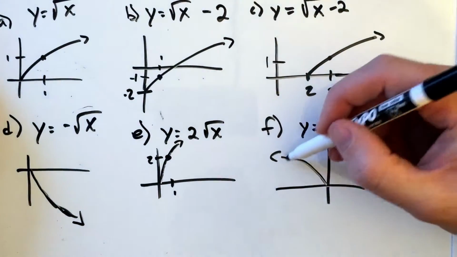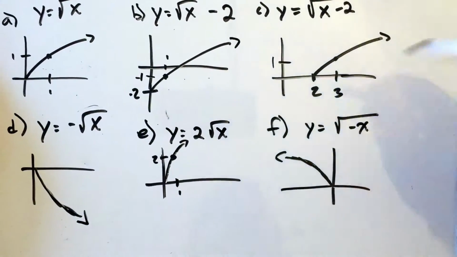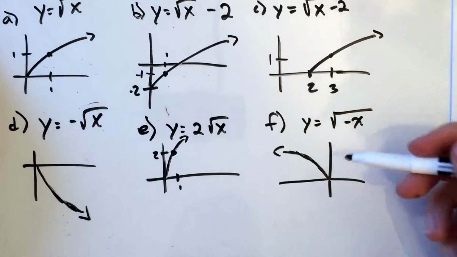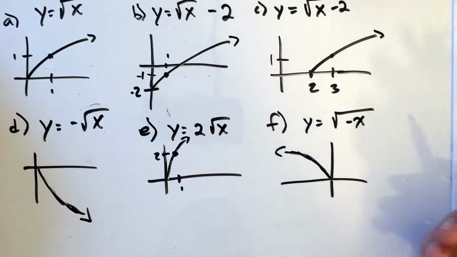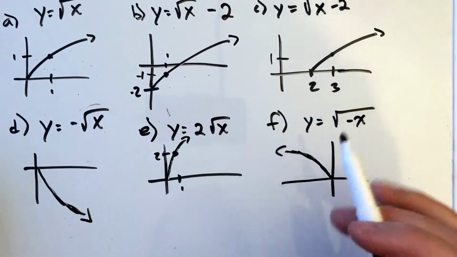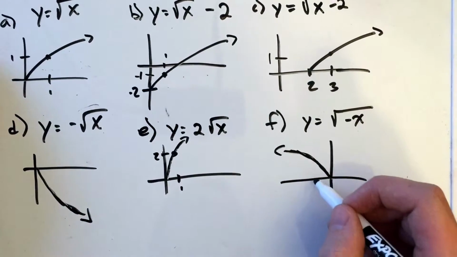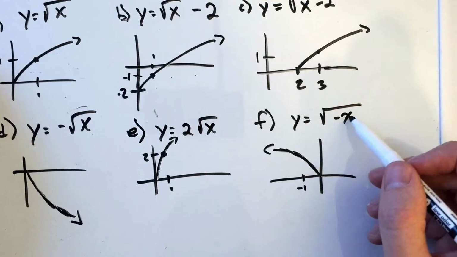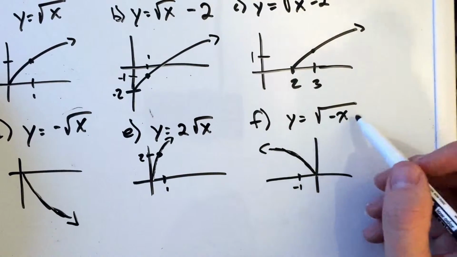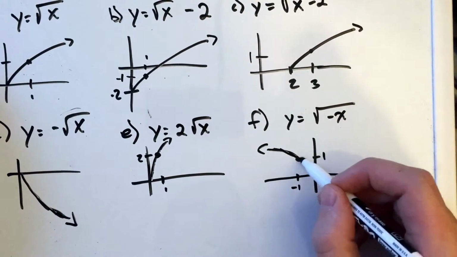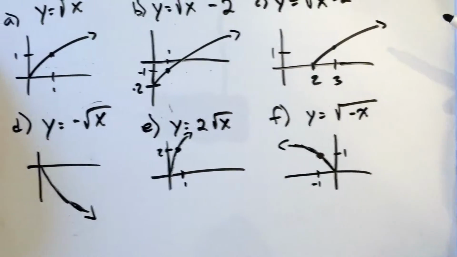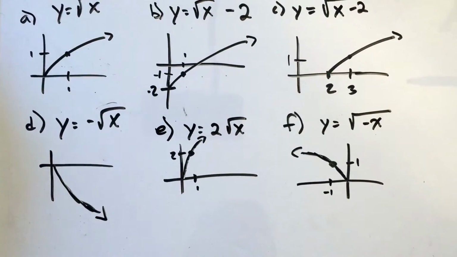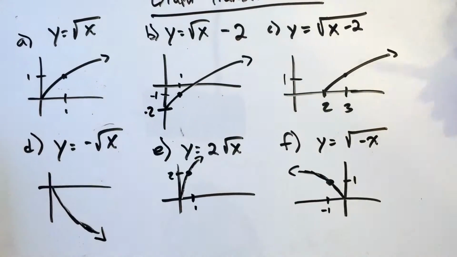My sketches aren't the best. And again, this being the x-axis and this the y-axis, it's going to mirror it to the left over the y-axis. So, as you can see, if I plug in a negative 1 into this equation, it becomes a positive 1 on the inside, and the square root of 1 is 1, and there's that point there. So here are some basic transformations of graphs.